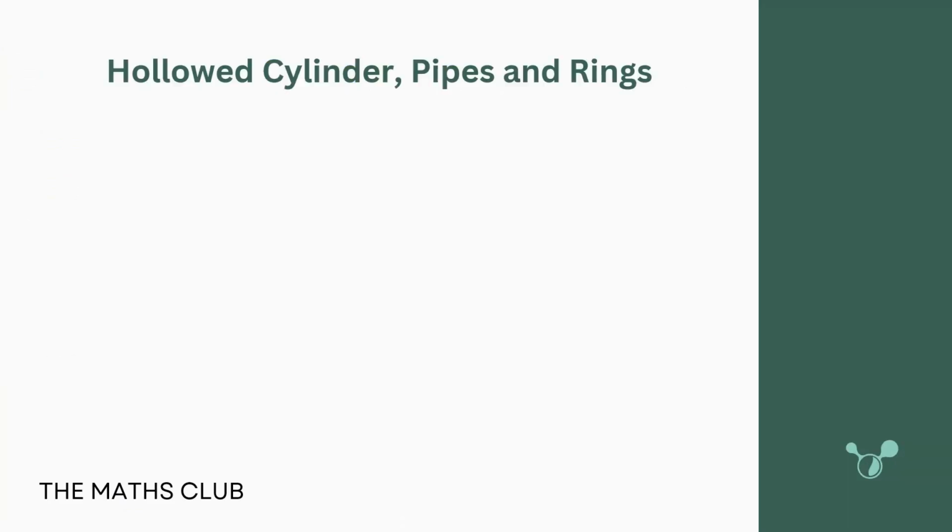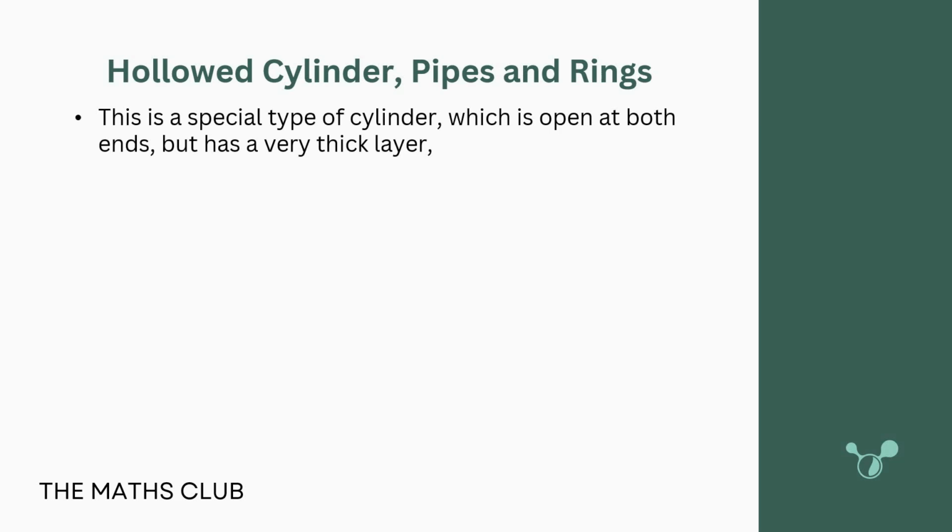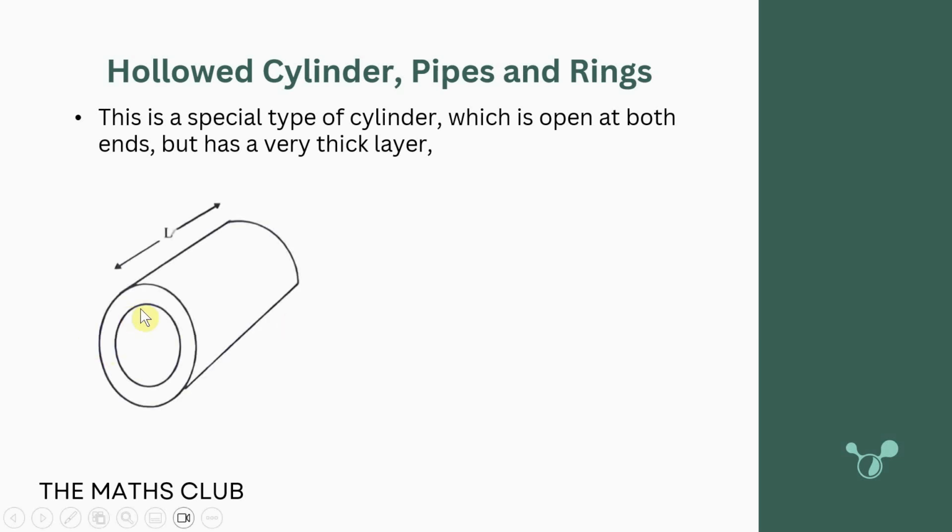Great. This leads us to the last concept under this, which is hollow cylinder, pipes, and rings. So this is a special type of cylinder which is open at both ends, but it has a very thick layer. A good example of it is a pipe, right? So imagine a pipe that is very thick. When I say thick, I mean that the distance between this guy here and this guy here is very large.